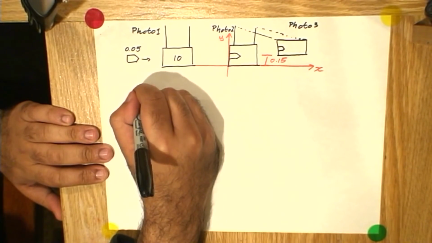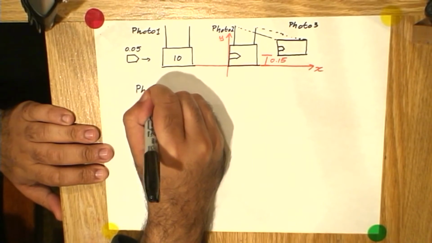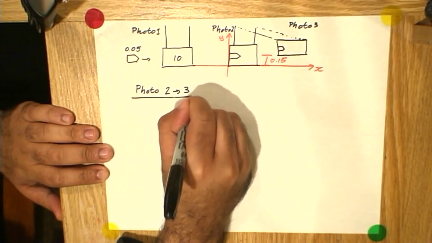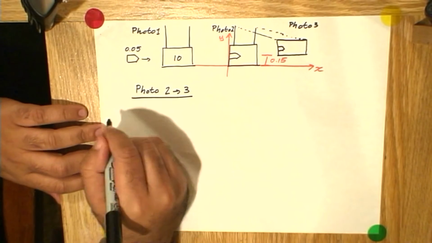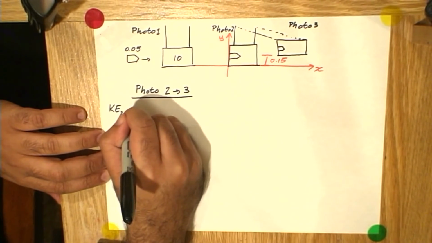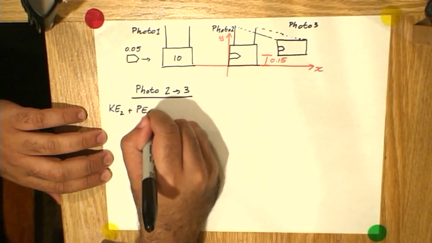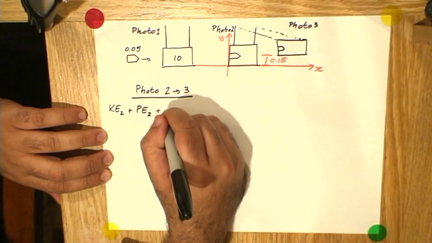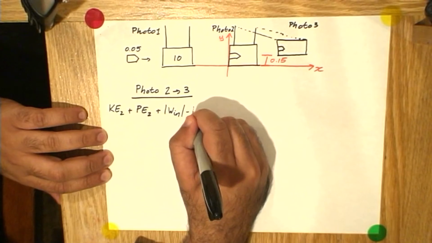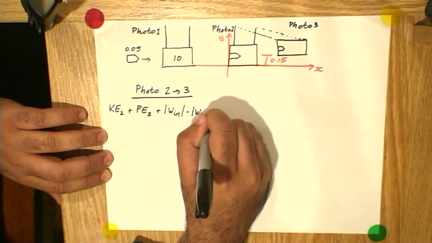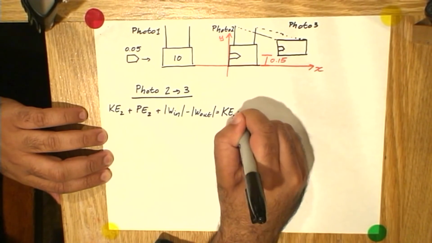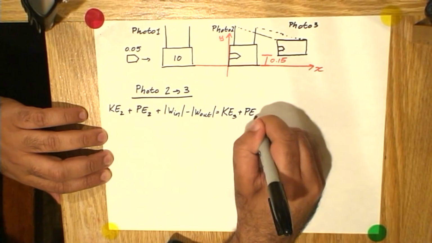Let us go and examine photo 2 to 3 and specifically apply conservation of energy here. The kinetic energy in photo 2 plus the potential energy in photo 2 plus the work in minus the work out equals the kinetic energy in photo 3 plus the potential energy in photo 3.